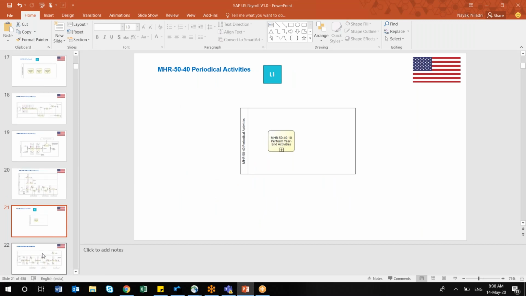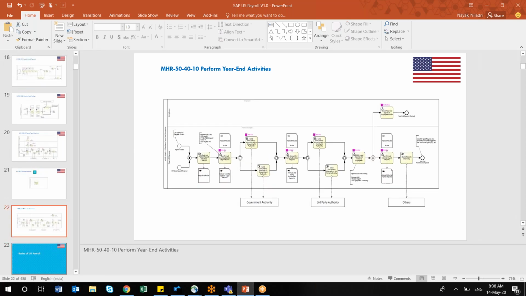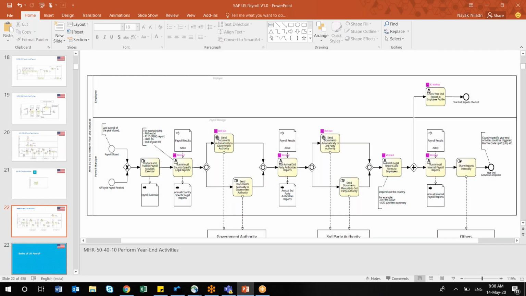Then the periodical activities: as you mentioned, from time to time there are different regulations, and you have to submit specific tax reporting or garnishment reporting to authorities. For year-end activities, there should be some kind of US-specific legal reporting you are able to download. Here I mentioned web GUI. Web GUI means your EC payroll, which is hosted on SuccessFactors.